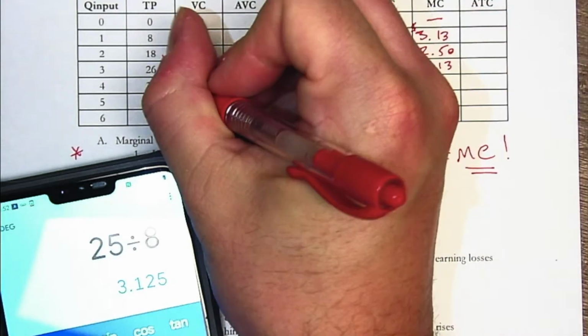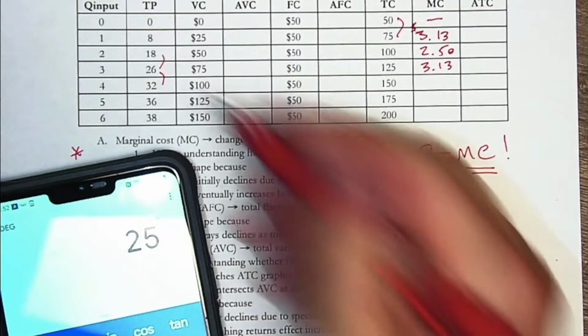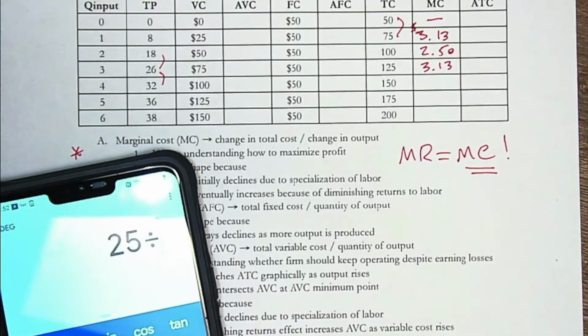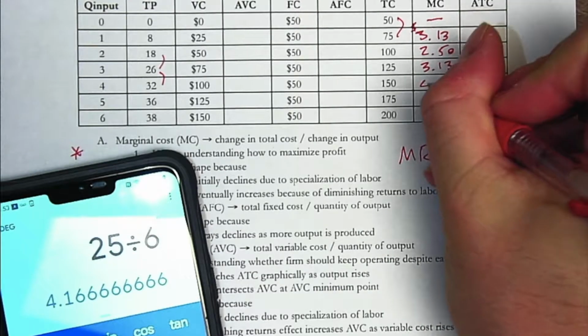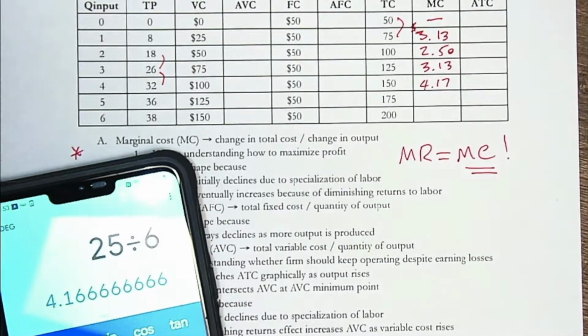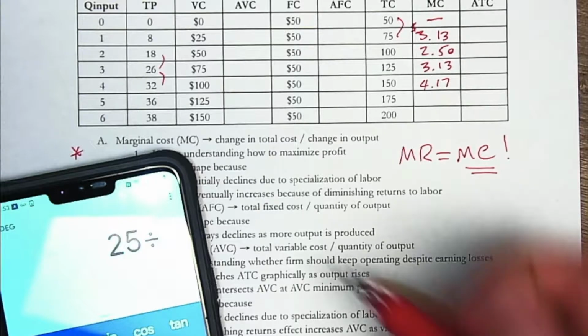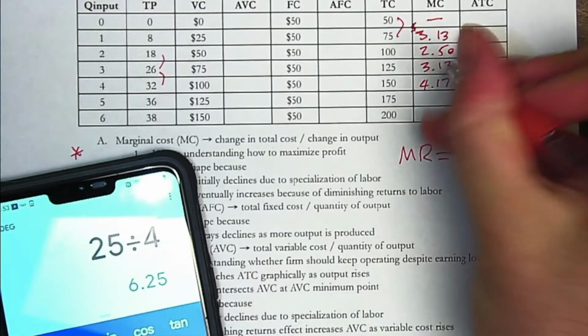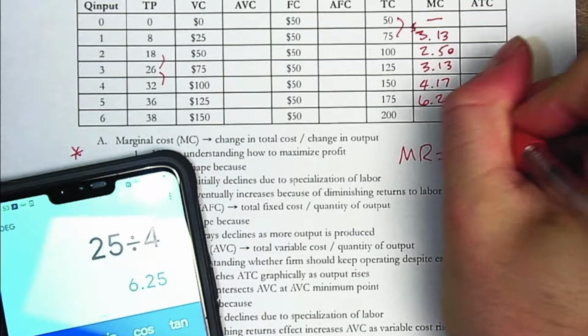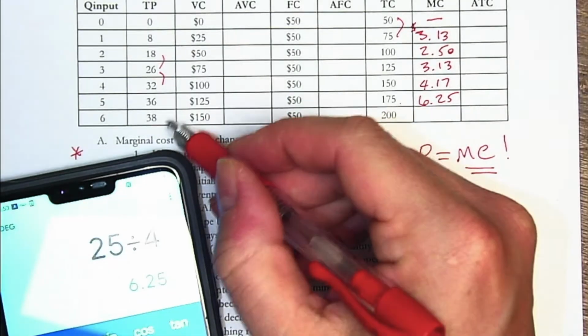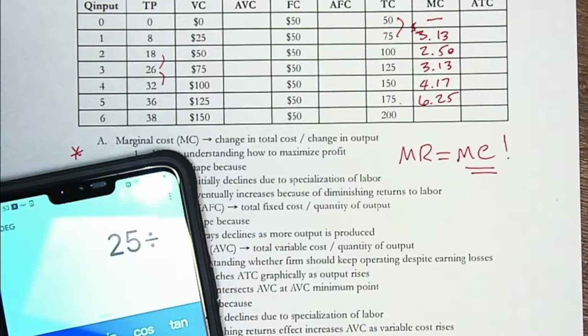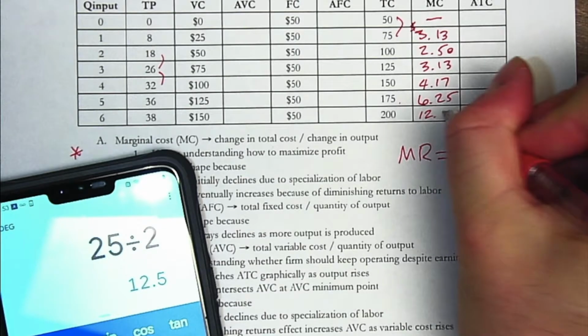Then we have 25 divided by 6, which is $4.17. Then we have 25 divided by 4, that's $6.25. And then we have 25 divided by just 2, and that's $12.50.